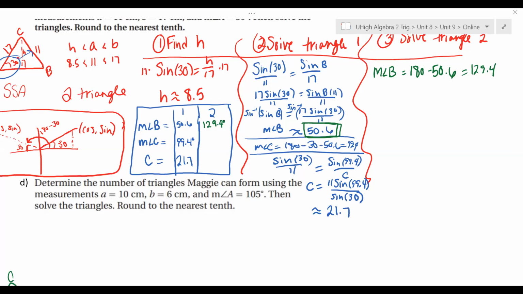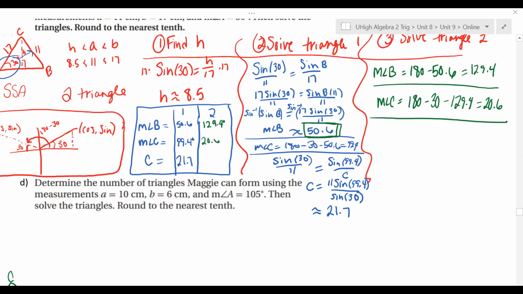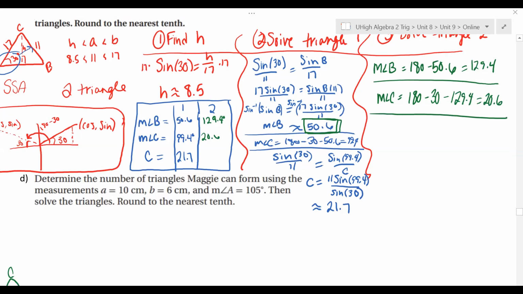Now I can solve the measure of angle C because it should complete my 180 degrees. So I'm going to do 180 degrees minus the measure of angle A minus the measure of angle B. That's going to be equal to 20.6. And now I can solve for my side C just like I had done in the last one.